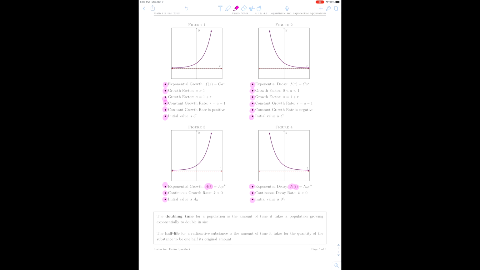So if you have, for instance, a material that is decaying, it's constantly doing it. Or if you have a large population of whatever species you have, there's a constant growth happening.